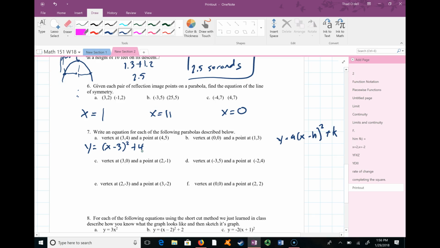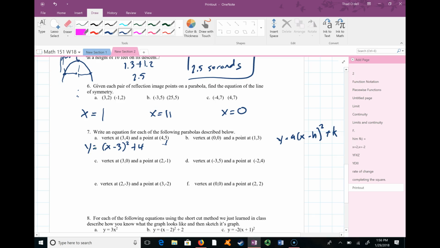I do a minus 3 because this has been moved to the right 3 from the normal vertex, and a plus 4 because it's been moved up 4. And so then we just have to figure out whether this is a normal shaped parabola or not. If you go from 3, 4 to 4, 5, that would be over 1, up 1, which is the normal shape of a parabola. So that means I don't need an a. The a is just 1.